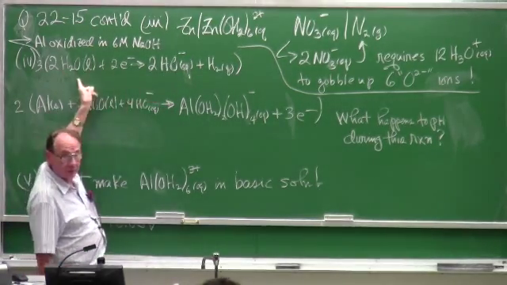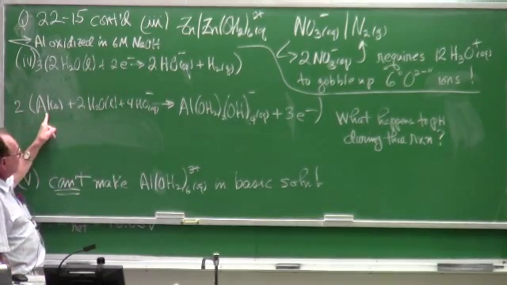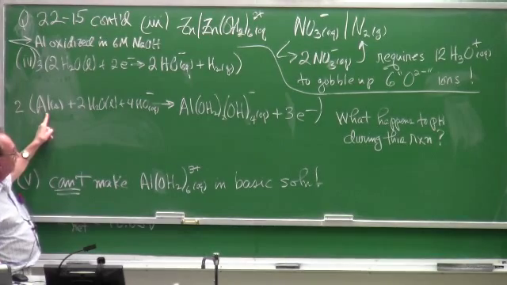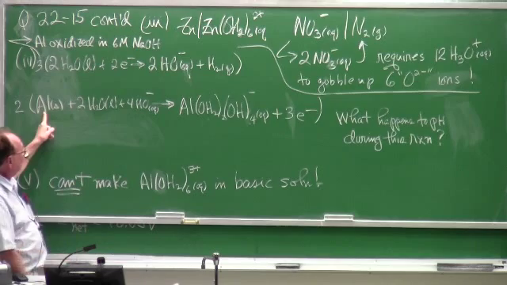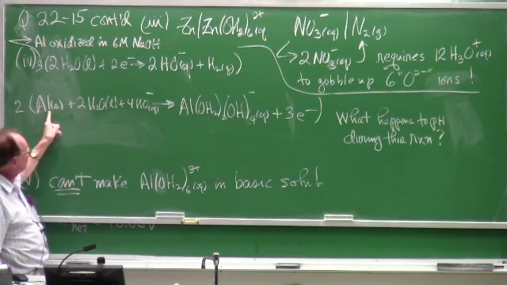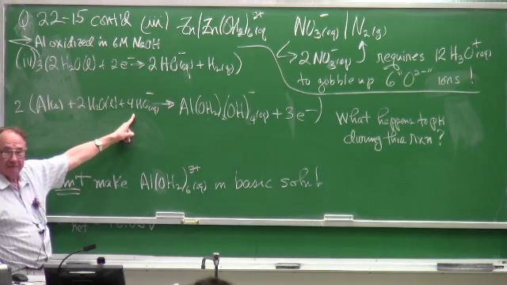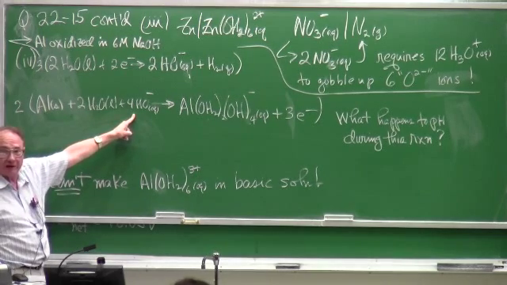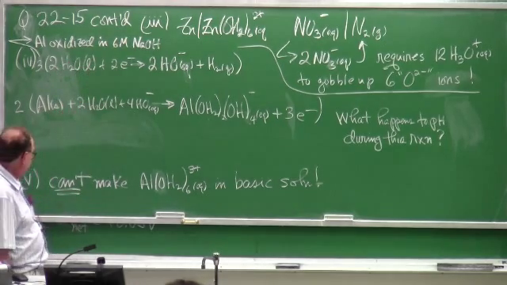And this as it stands shows that per mole of aluminum oxidized, you've got to consume 4 moles of hydroxide ion. It means you're consuming more moles of hydroxide ion than you're making. pH has got to come down.